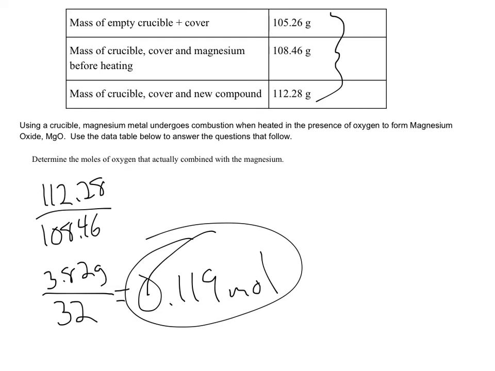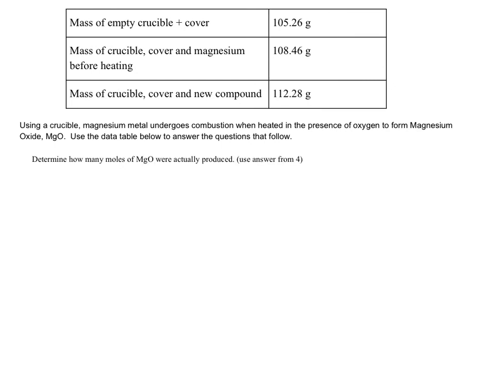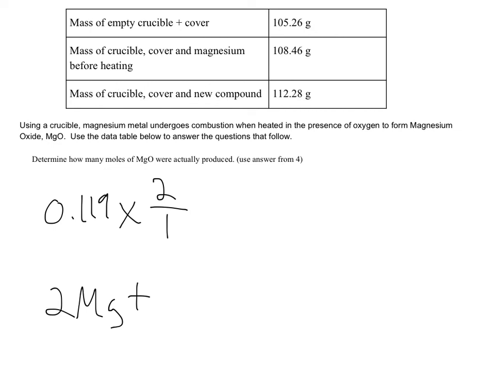Okay, so that's how many moles of oxygen were actually combined, and how many moles of magnesium oxide were actually produced. Well, if we have 0.119 moles of oxygen used, which is the answer from the last question, and the ratio of magnesium oxide to oxygen is 2 to 1, for every mole of oxygen burned, we should get 2 moles of magnesium oxide.